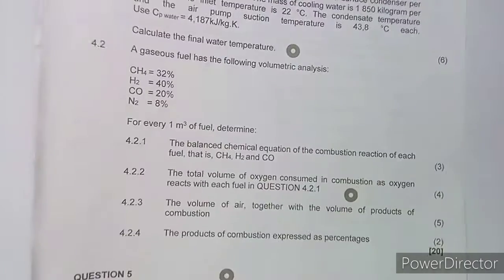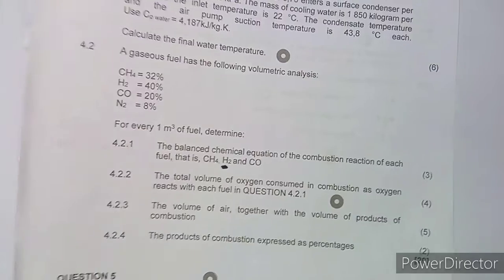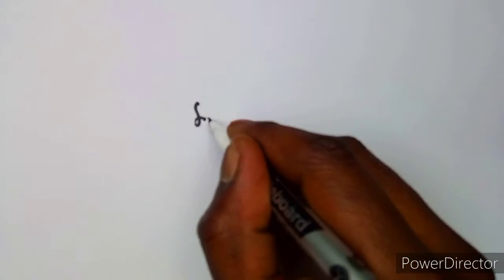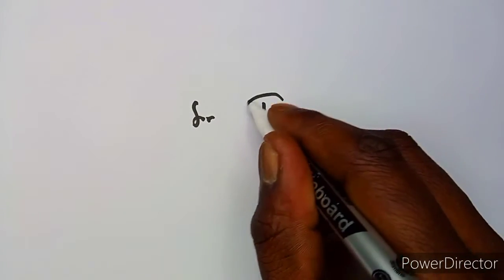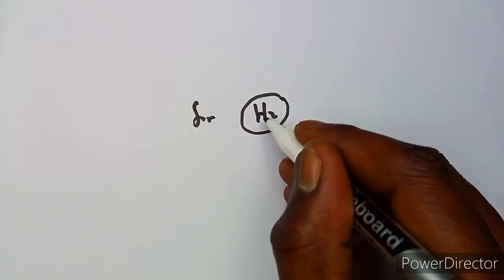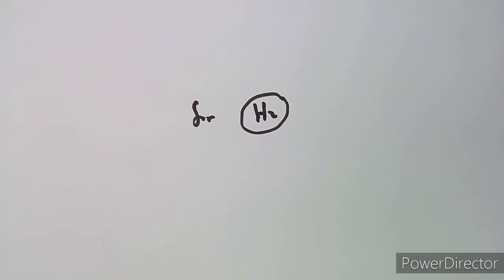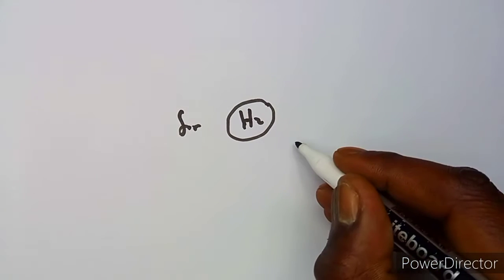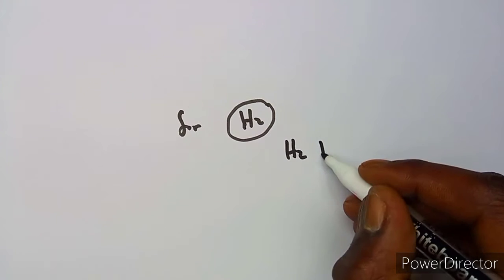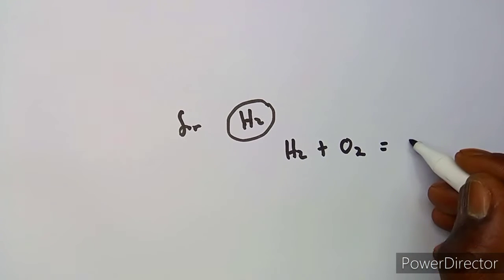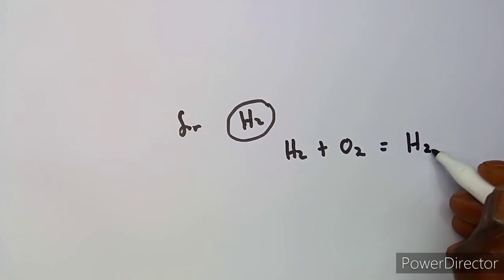How are we going to balance for H2? Where are we going to have our H2? For you to balance H2, you have to go back to your creation of the formulas, where we know that hydrogen plus oxygen should give us water, isn't it?